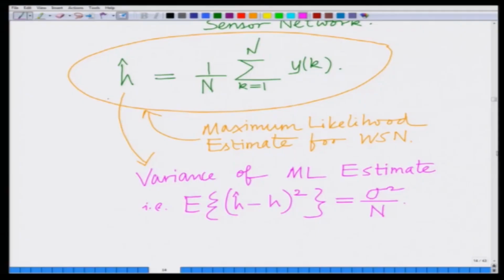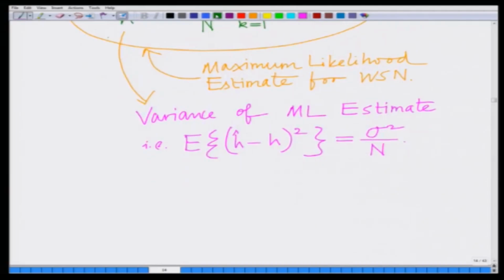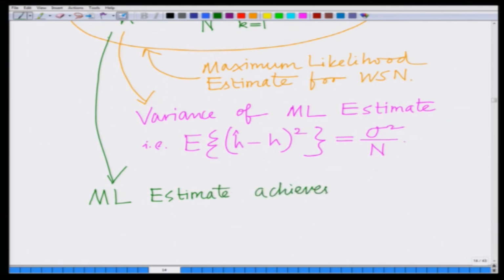So, to summarize, our ML estimator achieves the CRB which is equal to sigma square by n.